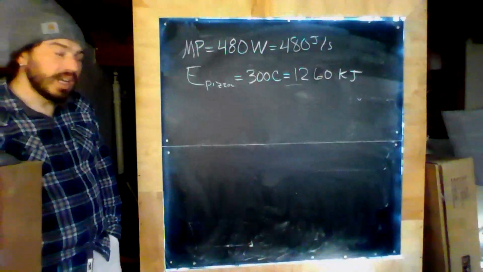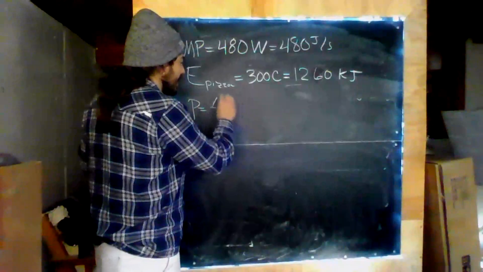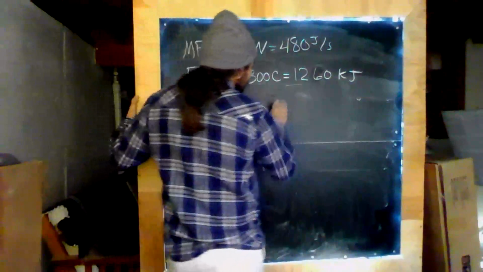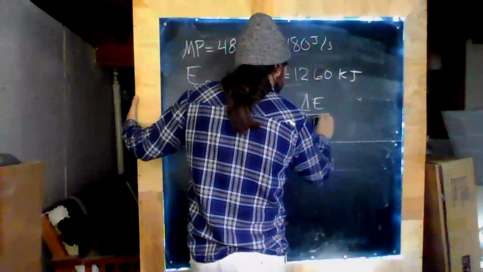So what we can do then is we can just use our equation that says that power is equal to delta E over delta T. Solving for delta T, we get delta T equals delta E over power.